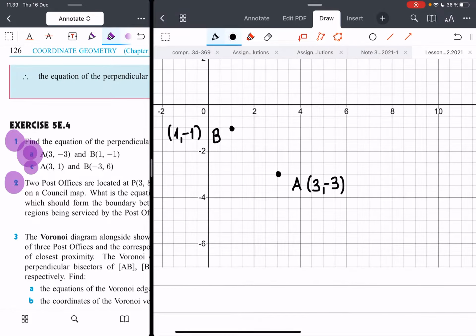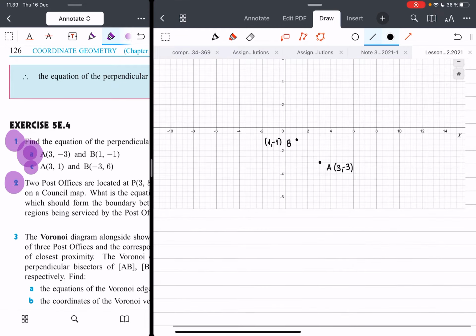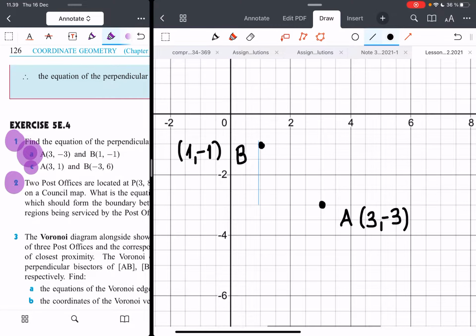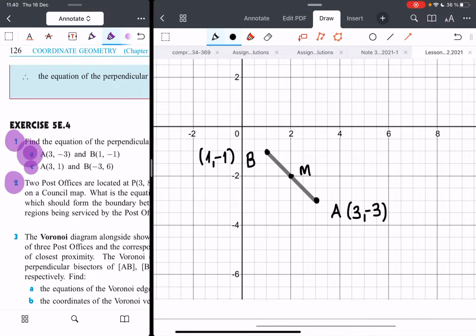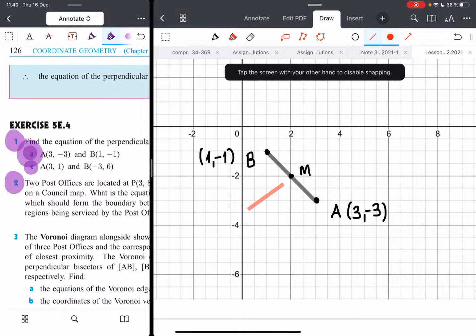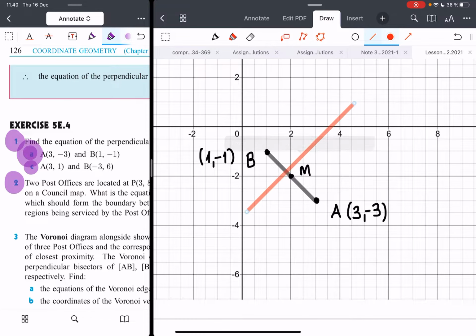Now, if you connect those 2 points, A and B, with a straight line, there you go. There is a point that is directly in the middle, and we call it midpoint, and we notate it with M.